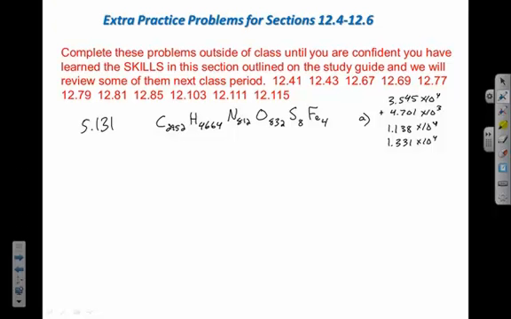8 sulfurs, so 8 times 32.066 is 256. 4 irons, 4 times 55.845 is 223.